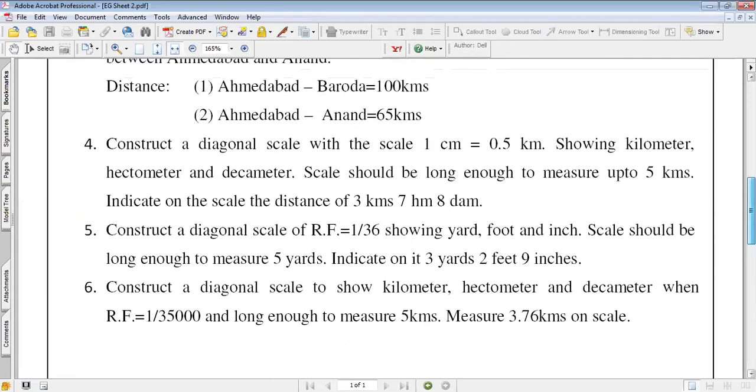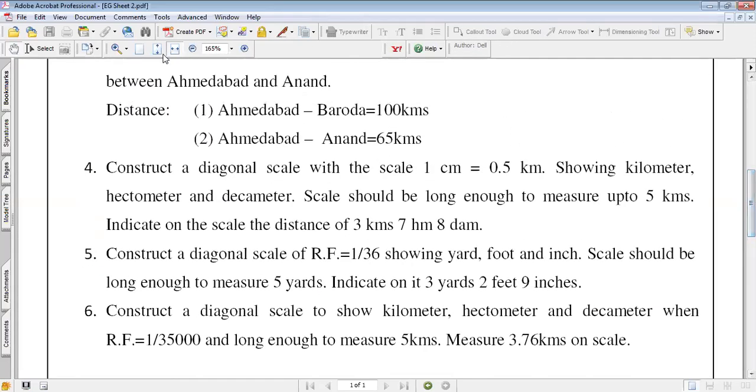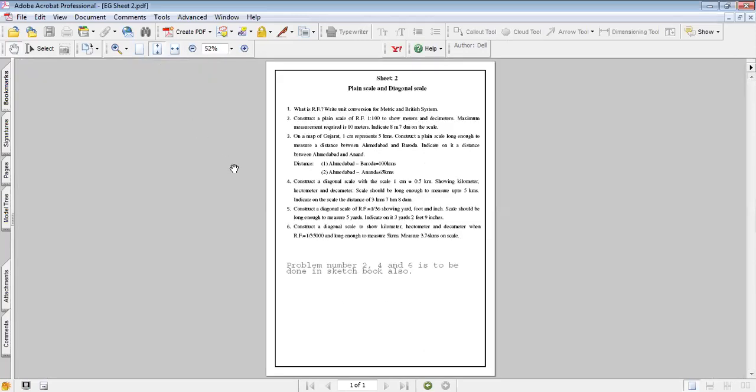I will just take the last 5 minutes. Can you see my screen?